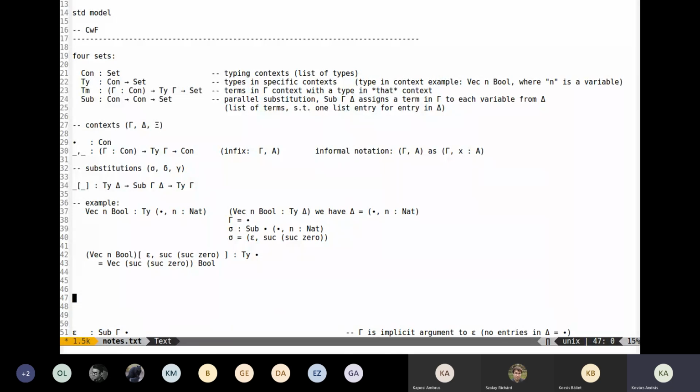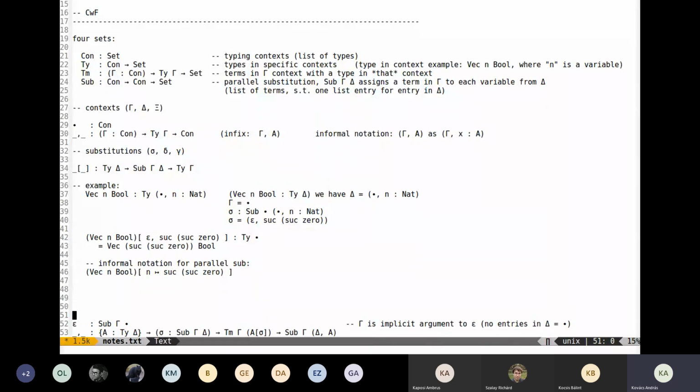And maybe you are familiar with the notation for parallel substitutions, which is also kind of informal, but you can find it in textbooks or papers. And in this case, I can write it as a substitution which maps n variables to something.